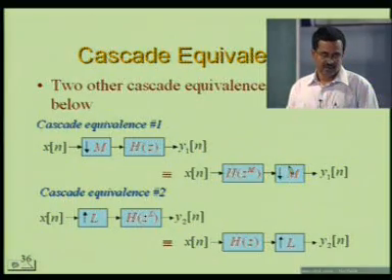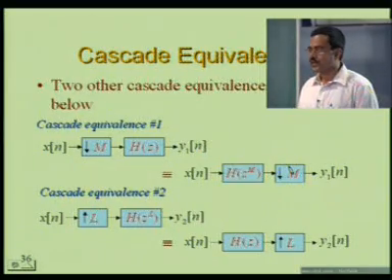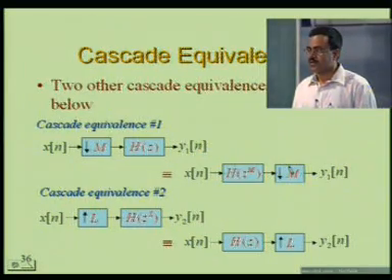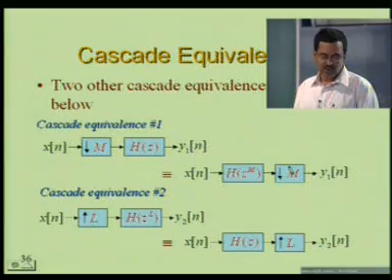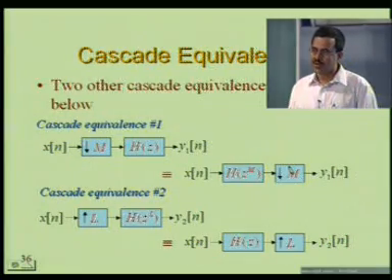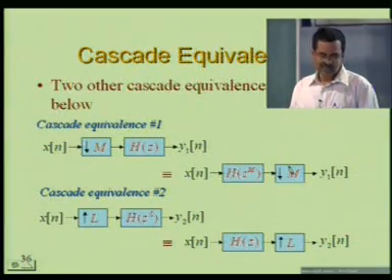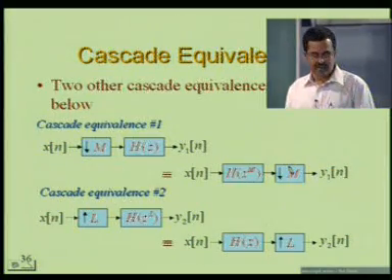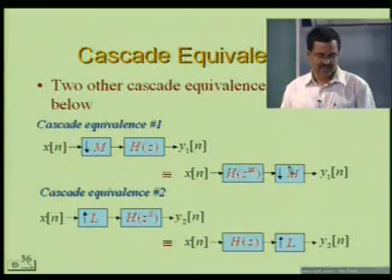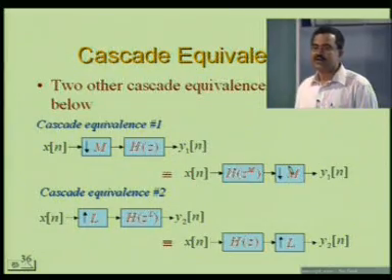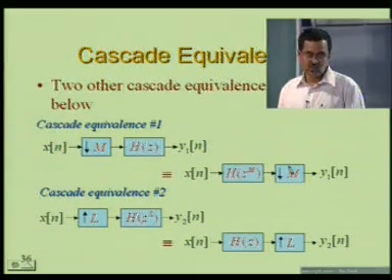Equivalence can be seen from this particular figure. Similarly, we have another equivalence, cascade equivalence number 2: x[n] upsampled by a factor L, then passed through a filter with transfer function H(z^L), let the output be y2[n].